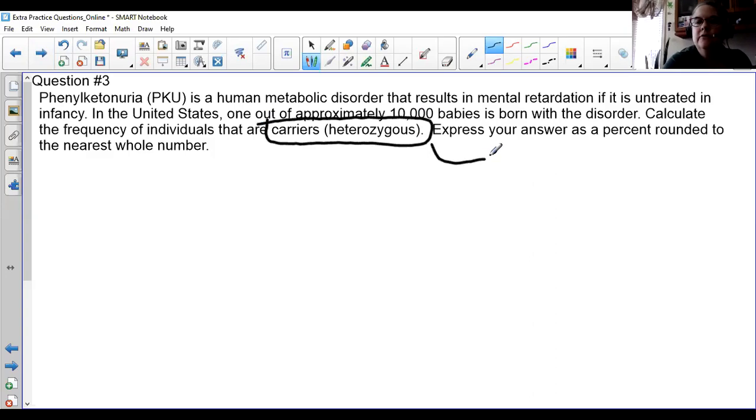So what's the formula for that? Awesome. Okay, so my formula for that is 2pq. So I need to solve this. I need to figure out what my p-value is and what my q-value is. So any ideas what my starting point is?